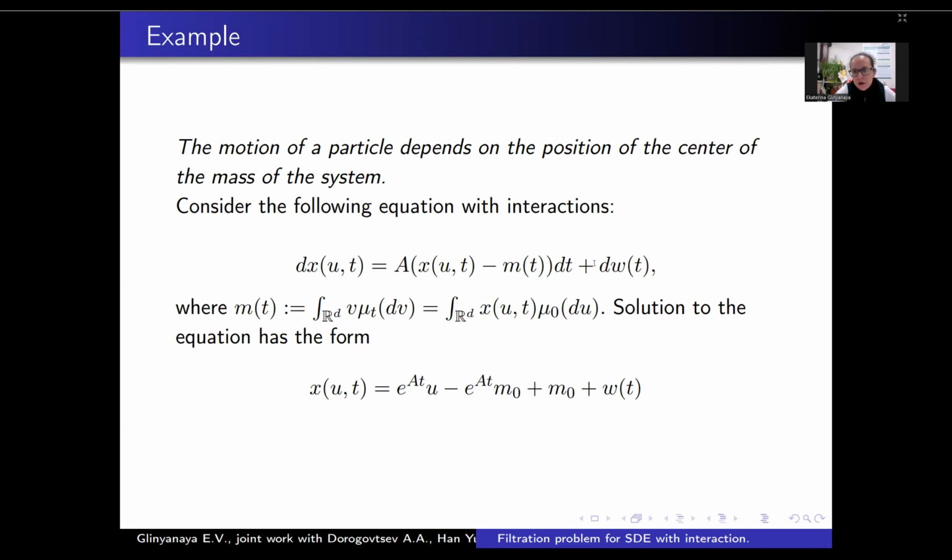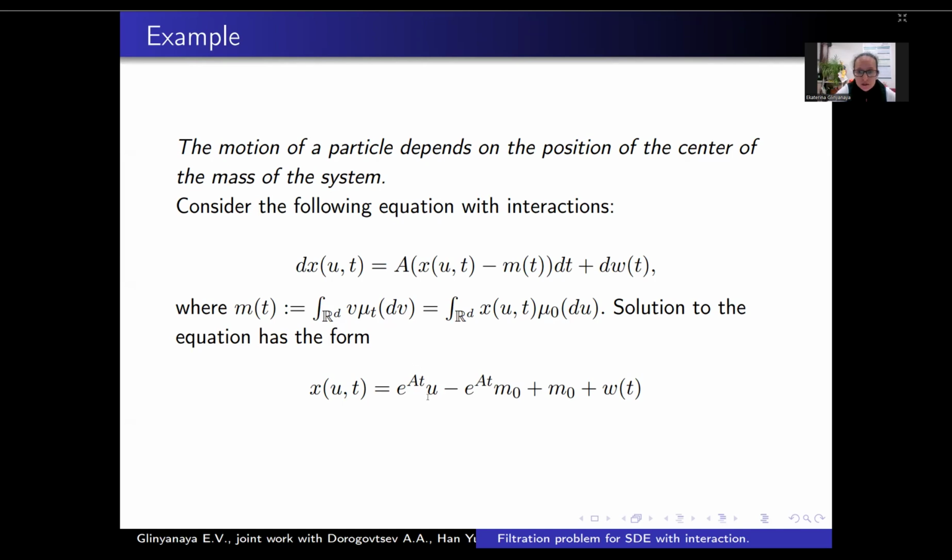Here we have just one linear process for simplicity, and the coefficient on the right-hand side depends on the center of mass mt, which is calculated by this formula. Here we just have the integral of the measure μt.